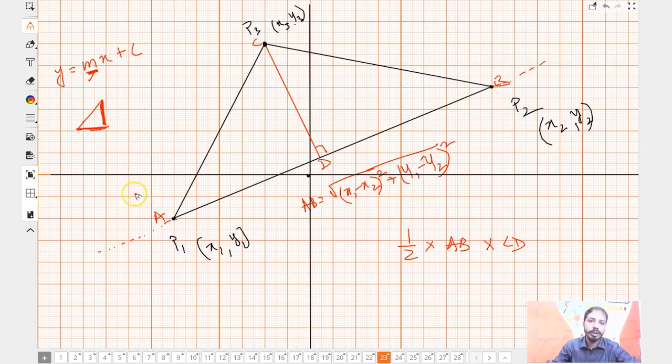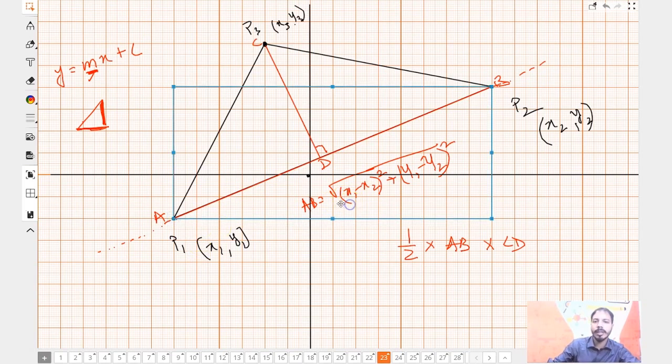Now suppose I have a straight line, and I draw a right angle triangle in such a way that this is the base and this is one more base.